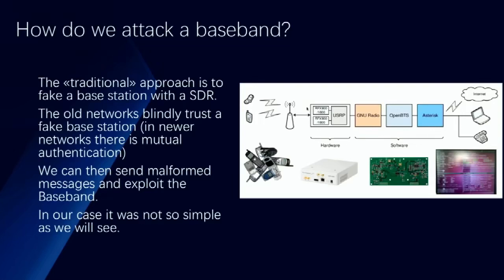So if I just go around with an SDR and my signal is stronger than the base station of the carrier, then your phone will connect to my SDR-based fake base station, and I can exploit your baseband. And like I said, we cannot use this approach in our case, unfortunately.